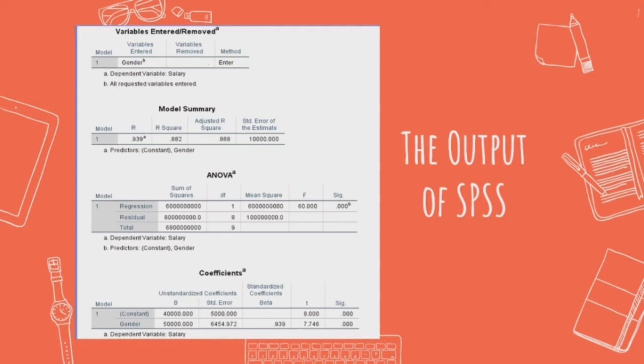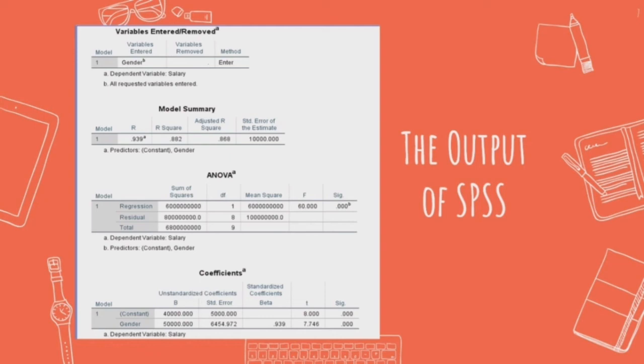For residual, the sum of squares value is 8 billion, the DF value is 8, and the mean square value is 1 billion. The F value is 0 and the SIG value is 0 too. So the total here is 6.8 billion, and the DF value is 9, from 8 plus 1. A is dependent variable, salary, of course, and the predictor's constant is gender.